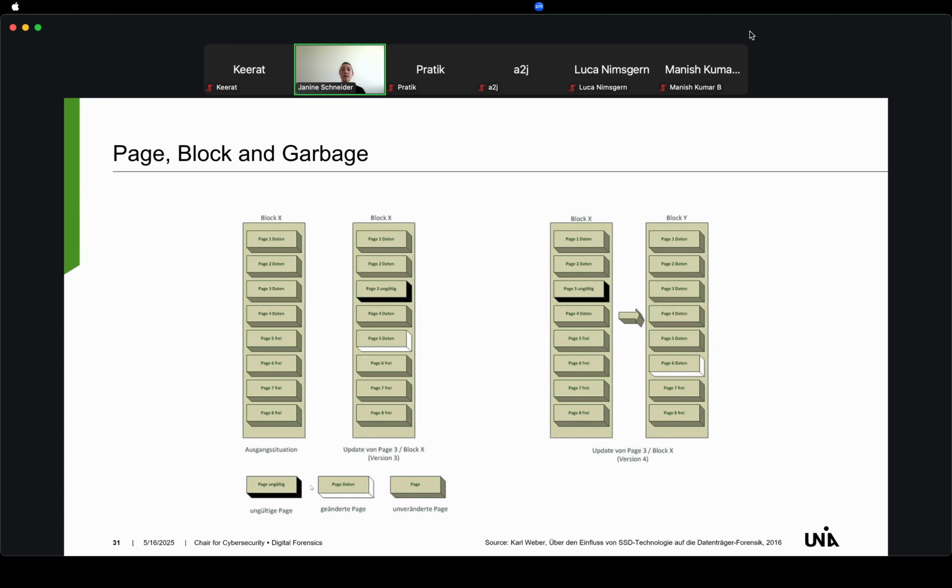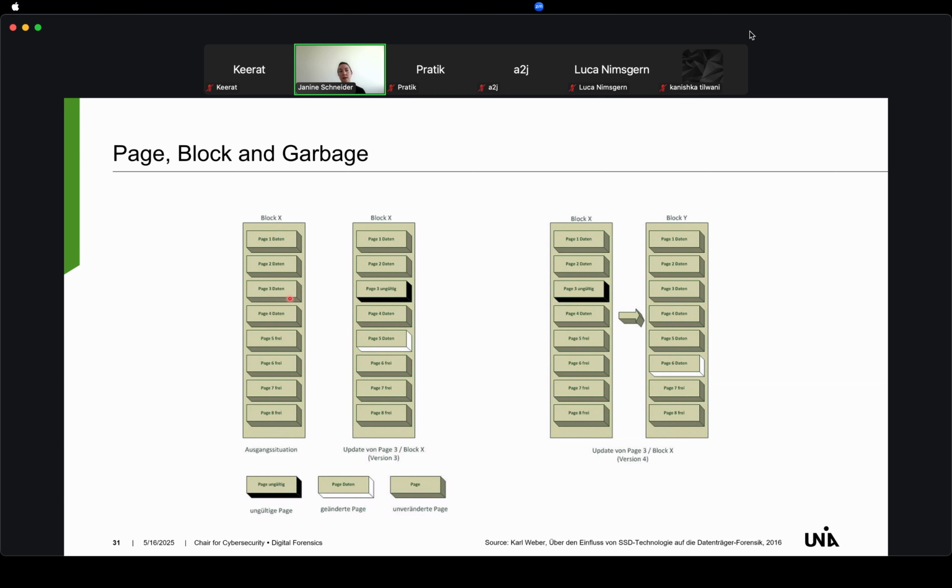But as we saw two slides ago, pages can also be written. We can also just write one page. We cannot erase one page, but we can write one page. So strategy 3: we have a block, and we still want to update page 3. These 4 pages are filled with data. These 4 pages are empty.